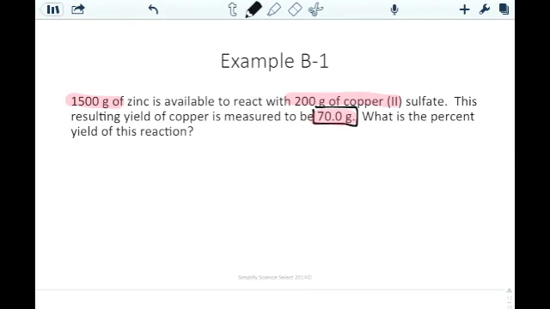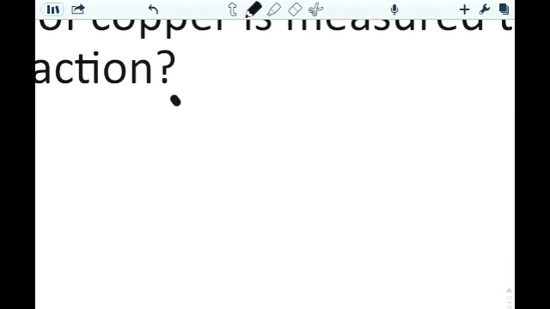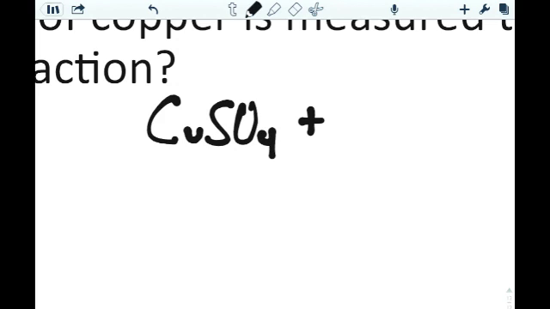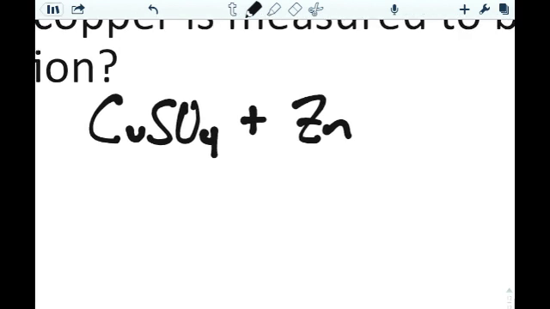We always start with a nice balanced chemical equation, because that's what all stoichiometry starts with. We've used this reaction a lot before. We used it in the lab. It's one that we should be used to. So copper(II) sulfate. We have our copper, which is 2+, and sulfate, SO4, which is 2 as well. So we'll get our equation of copper(II) sulfate, CuSO4, plus we're adding zinc metal, so it's just Zn.